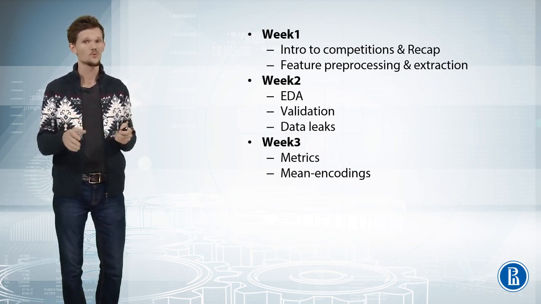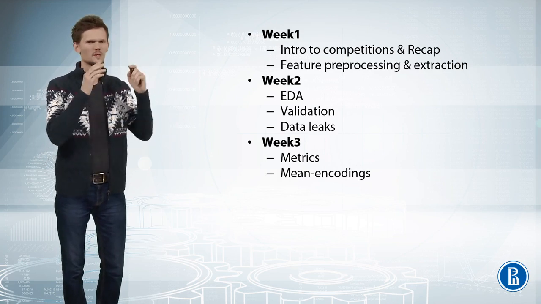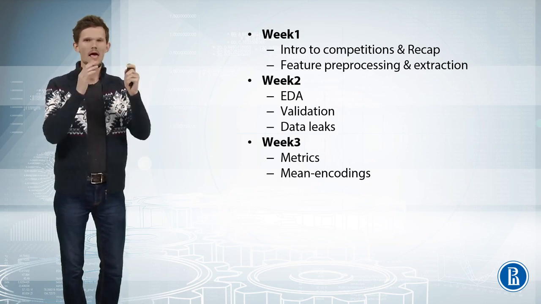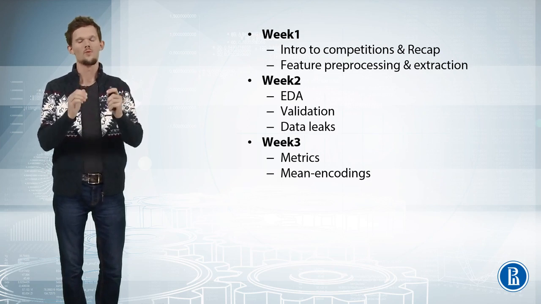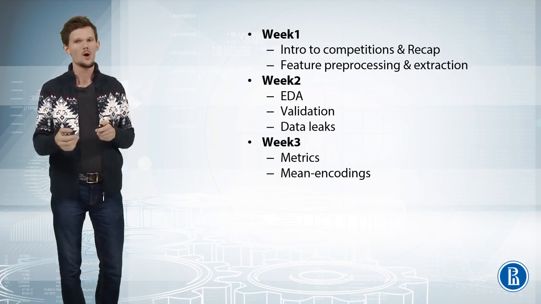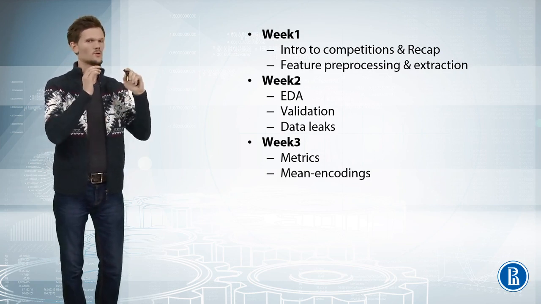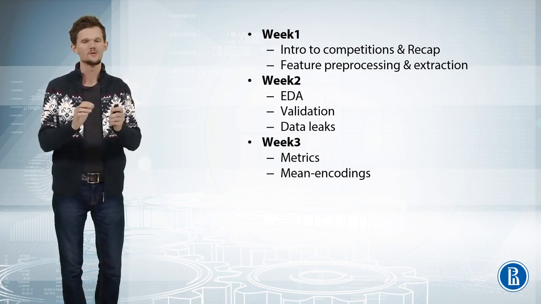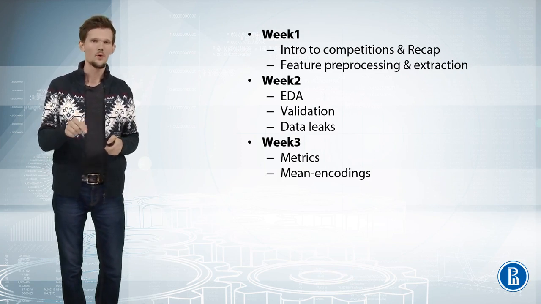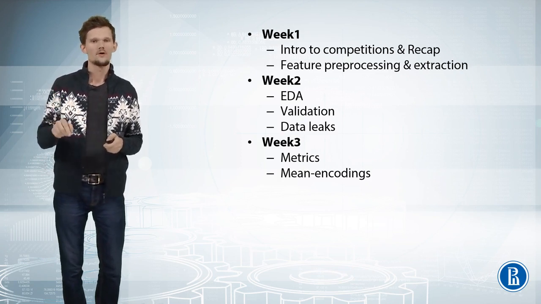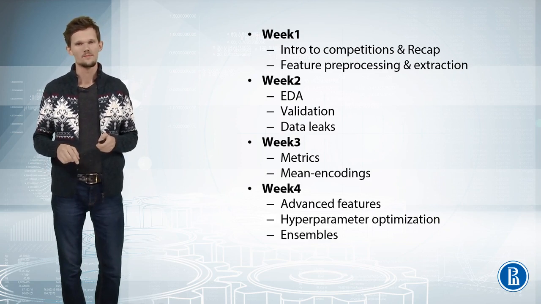So here we start with categorical features, how mean encoded features lead to overfitting, and how we balance overfitting with regularization. Then, we'll discuss several extensions to this approach, including applying mean encodings to numeric features and time series. And this is the point where we move on to other advanced features in week 4.